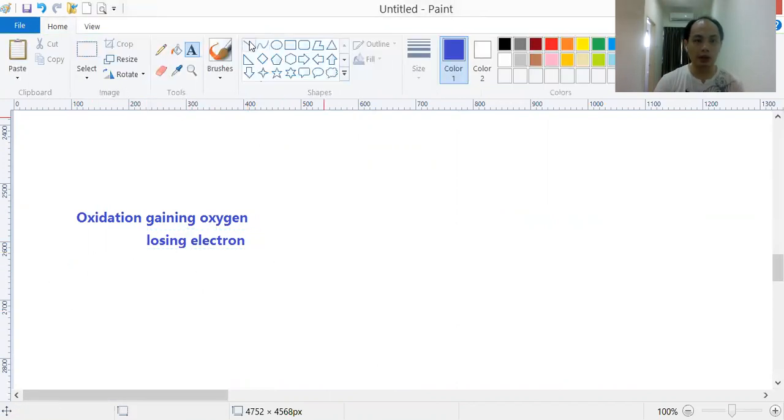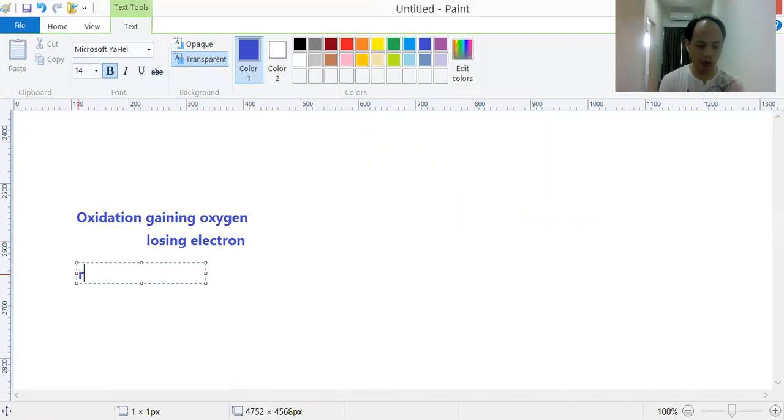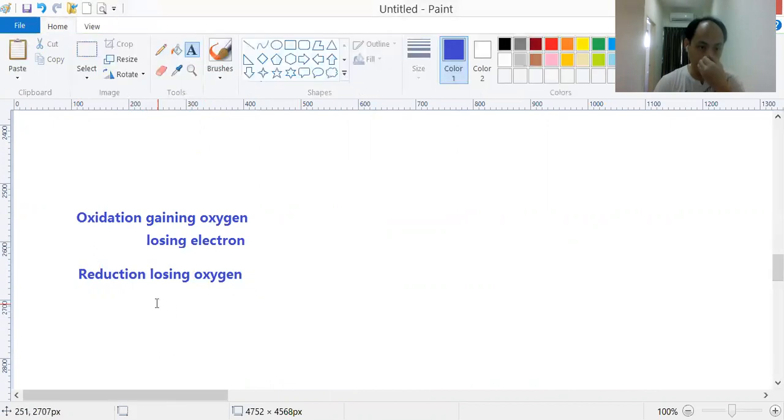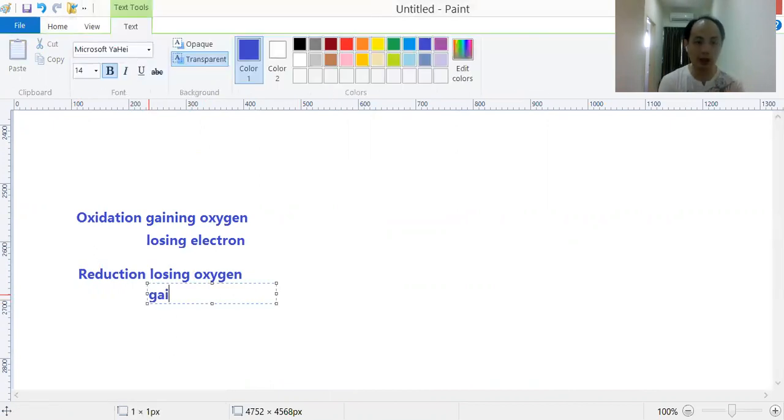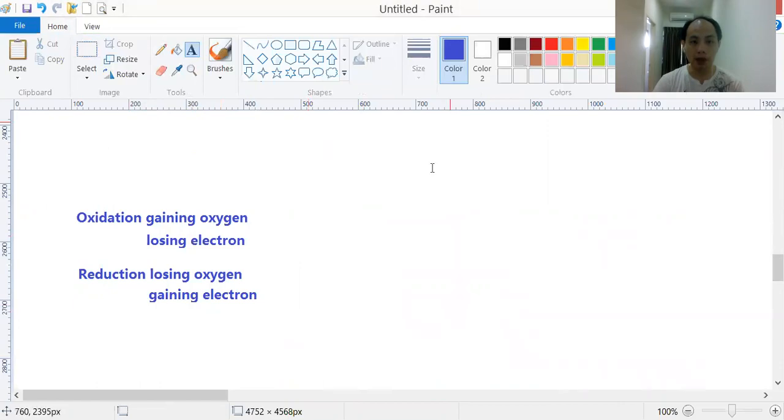This one we are going to learn later. What does it mean by reduction? Reduction is losing oxygen, and you can also say that reduction is gaining electrons. So new topic, electron transfer. Remember this. Then we go back to the worksheet.